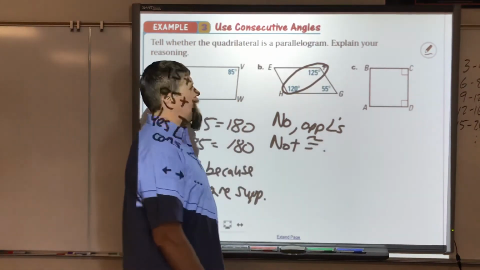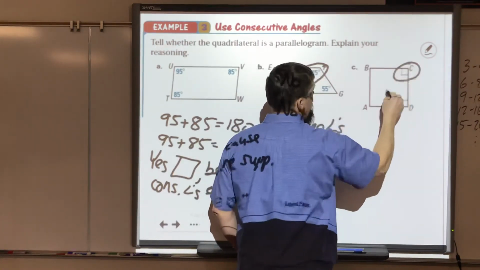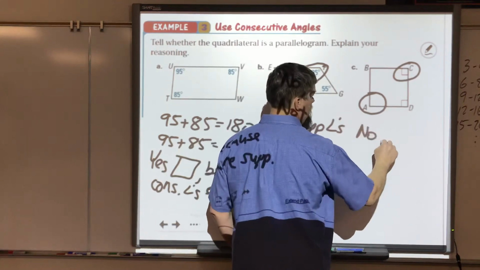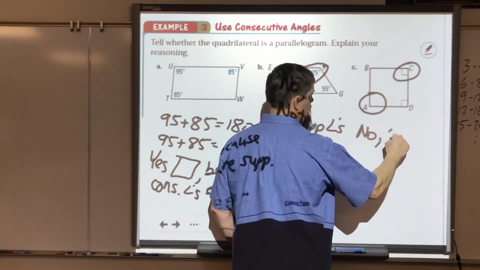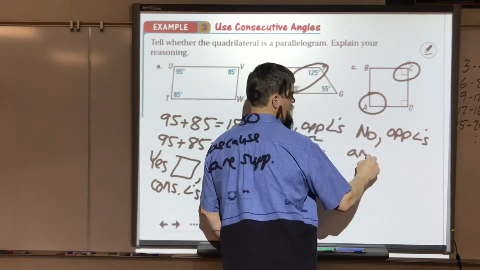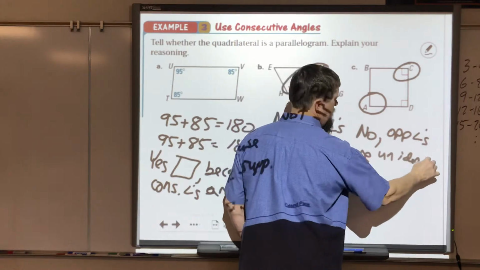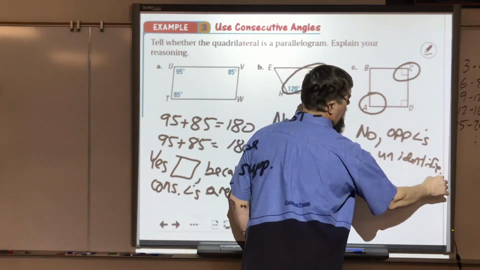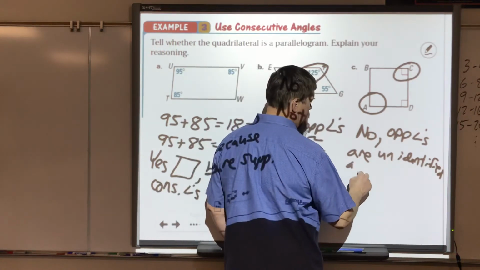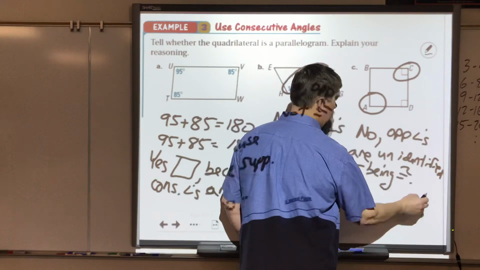Okay, this one we don't know. We don't know that the opposite angles are congruent. I'm just putting down opposite angles are unidentified as being congruent.